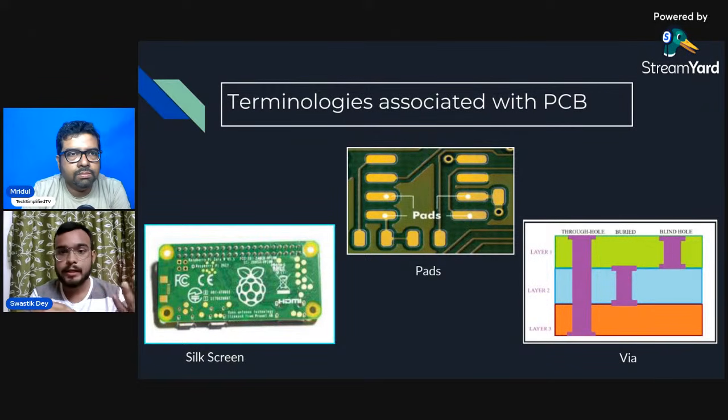Like from a second layer to a fourth layer, or maybe from a third layer to a second layer, something like that. And the blind hole vias take you from one of the surfaces to one of the intermediate layers. And that is how a multi-layered PCB works. So that is how different components in a multi-layered PCB receive the current, receive the data, and perform their function accordingly.